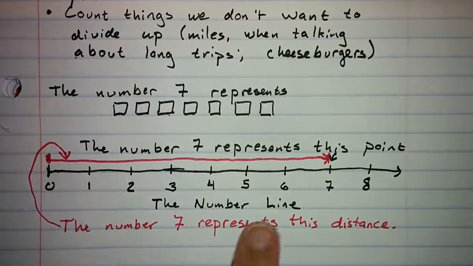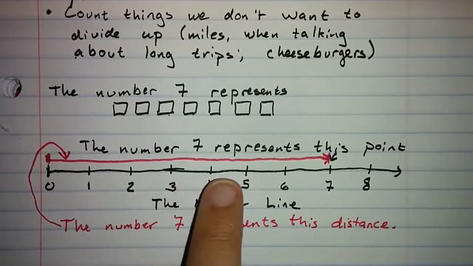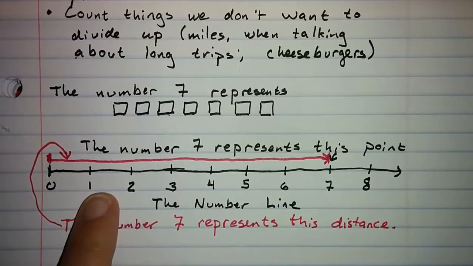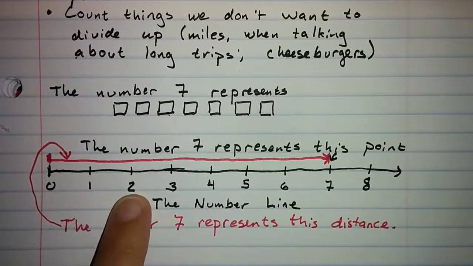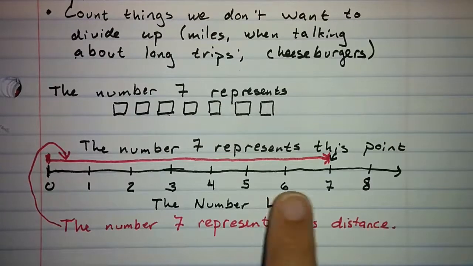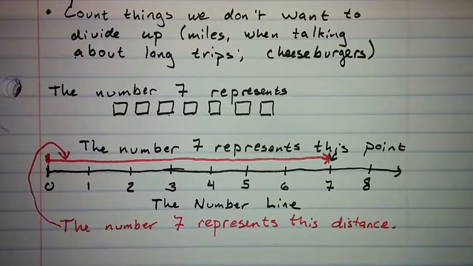Similarly, on the number line, these points are equally distant from one another. The distance from 0 up to 1 is the same as the distance from 1 up to 2, is the same as the distance from 5 up to 6, and so on. If we were to extend the number line further, the distance from 985 to 986 would be that same distance.